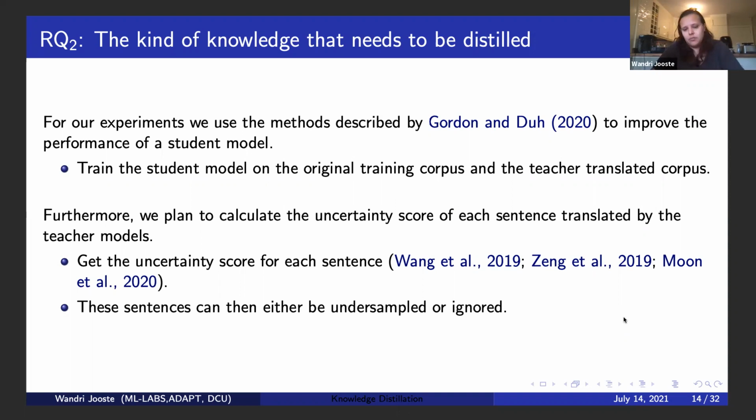Besides this, we also plan to calculate the uncertainty scores of each sentence that was translated by the teacher models. If you get the score for each sentence, you can either undersample or ignore the sentences that are very uncertain and upsample the sentences that are very certain. Then hopefully, the student model will more closely mimic the teacher model.